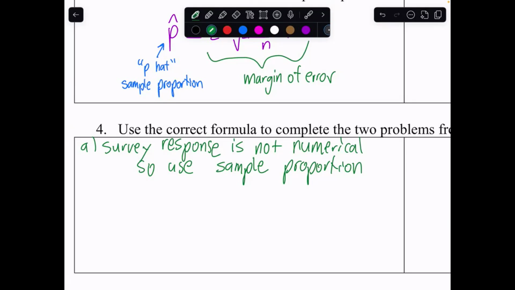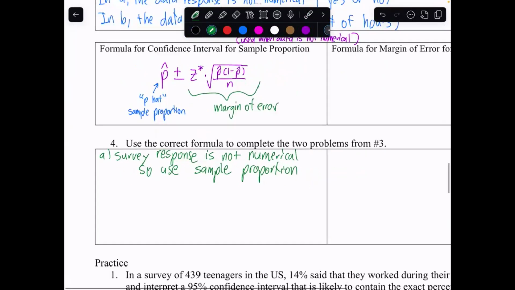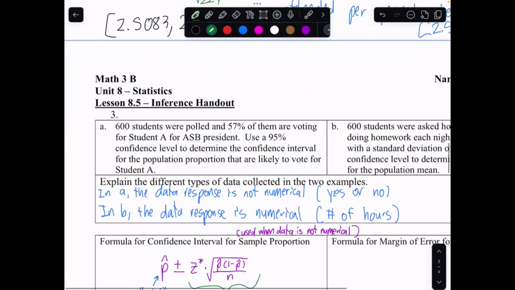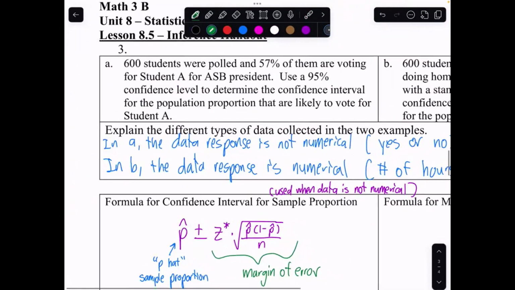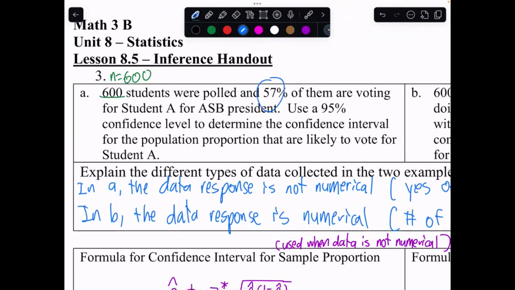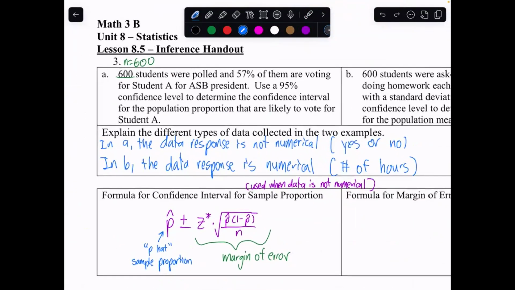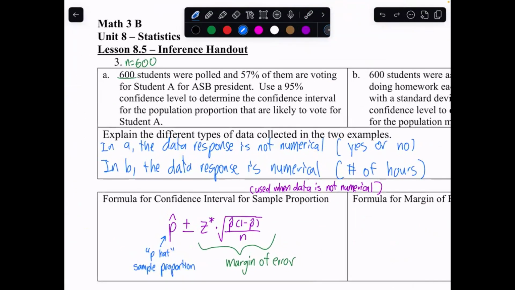Okay, so now we need to go back and figure out the actual confidence interval. 600 students were polled, so that's your N. And 57% said yes, they're voting for Bob. We do want to convert this to decimal form, not percent form.